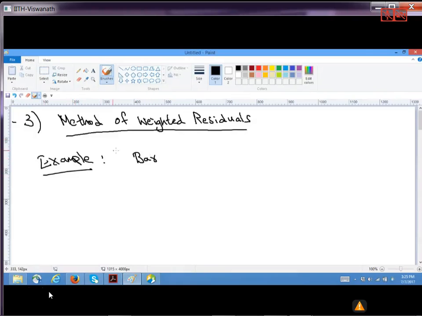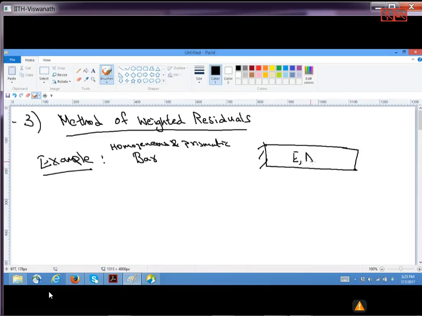Let's say a homogeneous and prismatic bar, that is, E is constant and A is constant. This is our length, and it has been loaded by force F here, and X is measured from this.